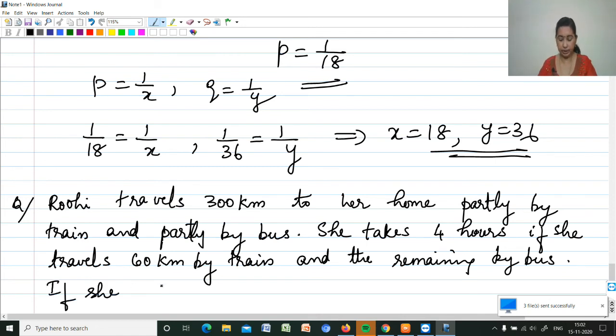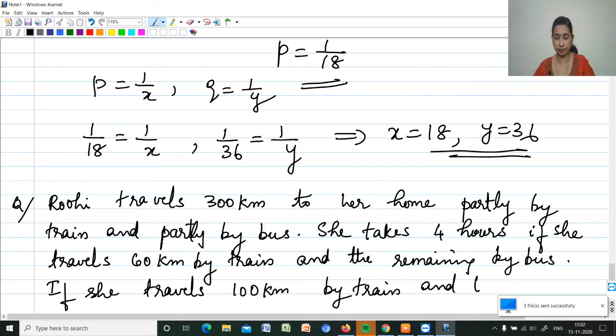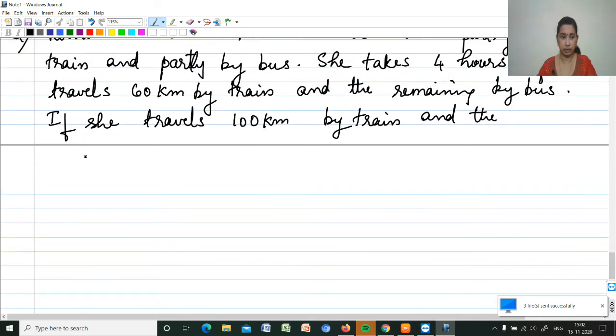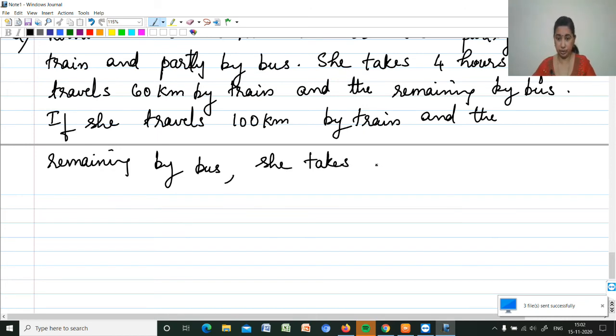If she travels 100 kilometers by train and the remaining by bus, she takes 10 minutes longer.